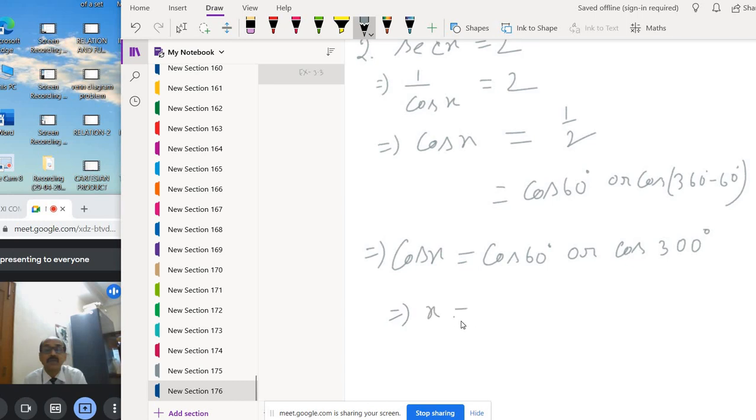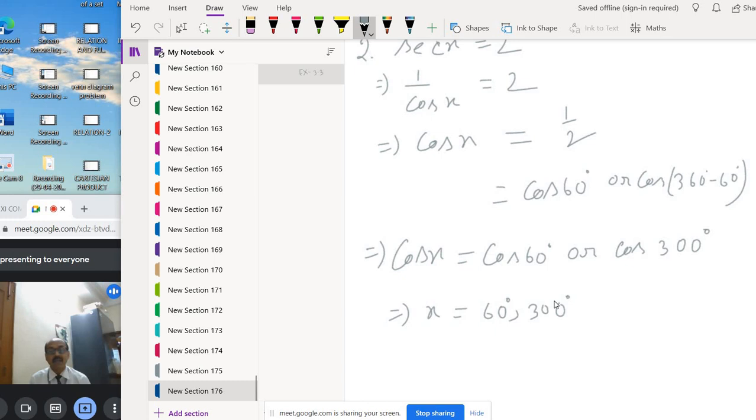Therefore x equal to 60 degree and another one is 300 degree. Now, 60 degree means pi by 3.